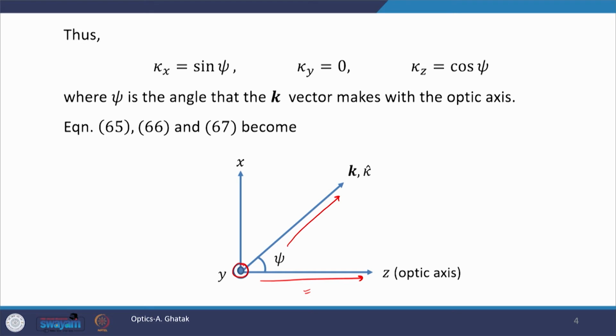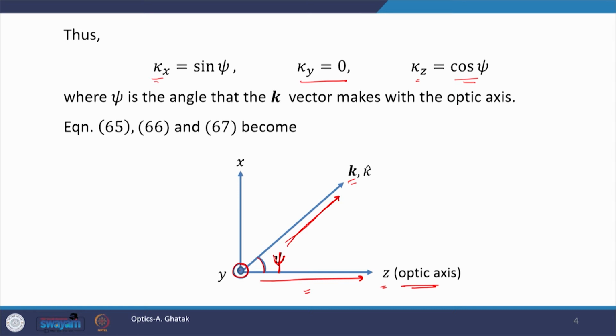Which plane? The plane made by the z axis, or optic axis, and the direction of propagation, k. Since k is the direction of the wave, say it is at an angle psi with respect to the optic axis or z axis, then kappa x is sin psi, kappa y is equal to 0, of course, because y is perpendicular to the wave vector k direction, and kappa z is equal to cos psi.